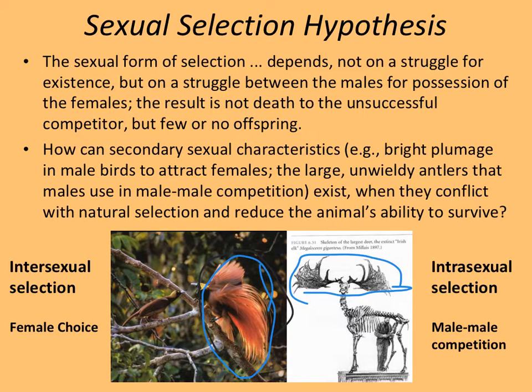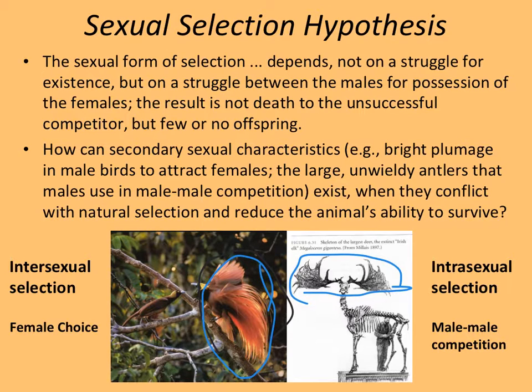And with a rack like that, you could fight other males very well, but it might actually give you some problems, like getting hung up in the tree limbs as you're walking around. Okay? So we have traits that might be a disadvantage in terms of survival, but they're there. And why might they be there?